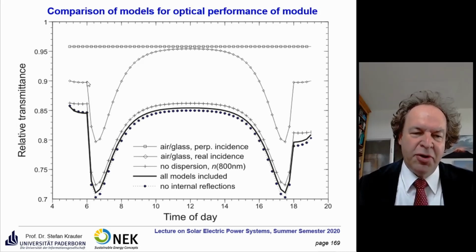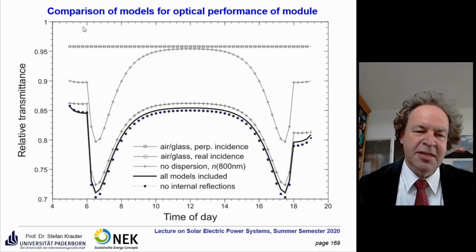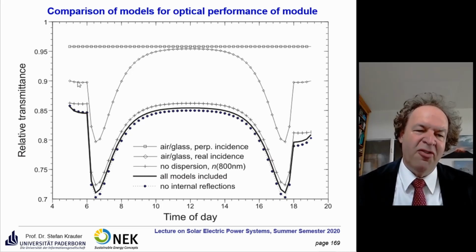So in the morning before 6 o'clock, you already have some light. This is basically diffuse light, and at 6 o'clock here, the sun comes up. And this is considered here because it's not perpendicular, there's no perpendicular incidence. It's a spread, and therefore the optical performance is a bit less.